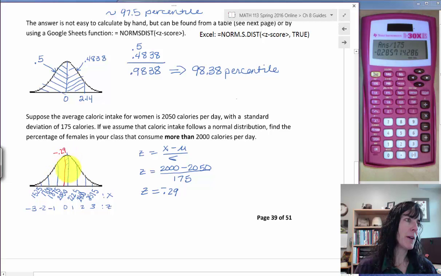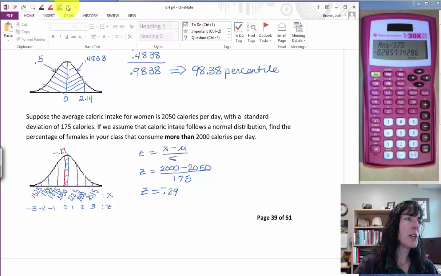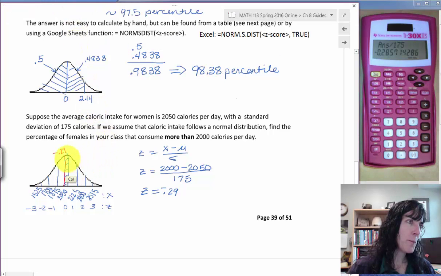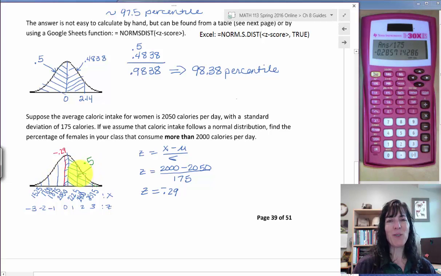So we have a little chunk here, and then we have a pretty big chunk to the right, and it's to the right of the mean, so I know that area is 0.5, and so I'm going to put an arrow for that area is 0.5, but I need to find what this area is.